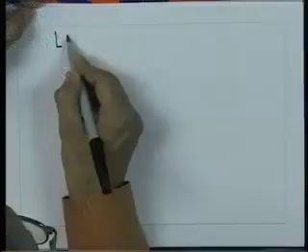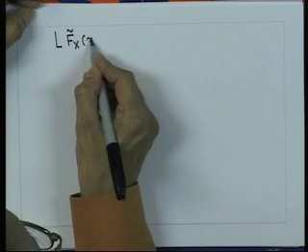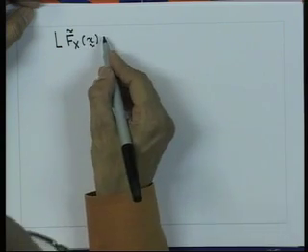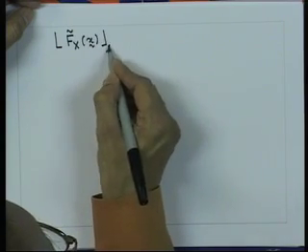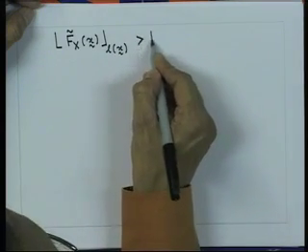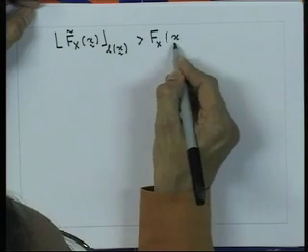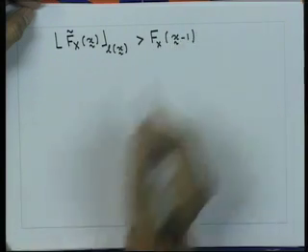Now, we have already shown that the truncated value of F tilde is greater than F(x-1).